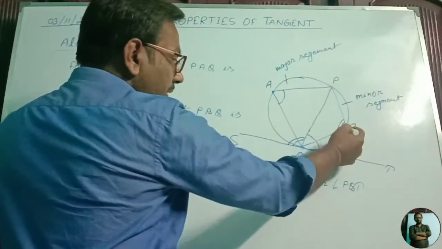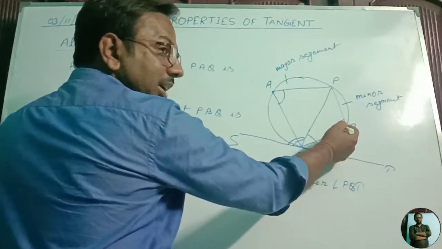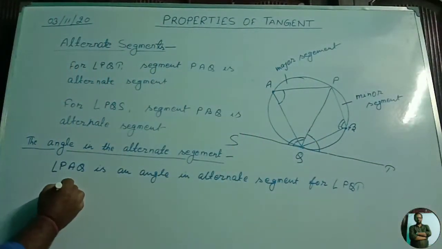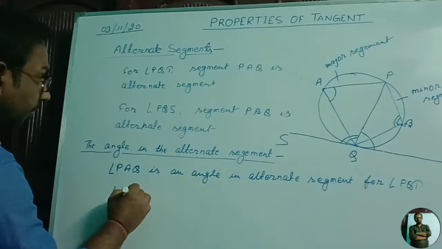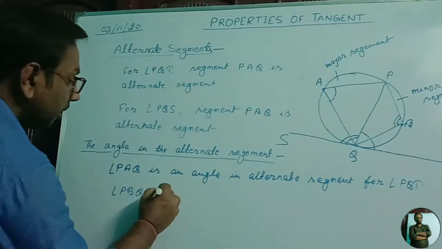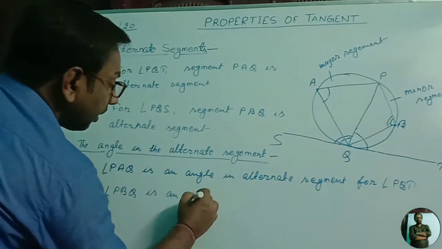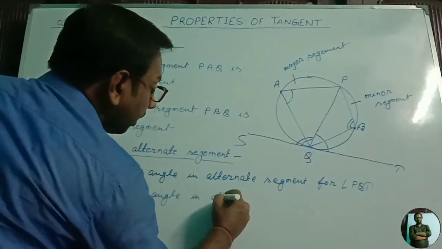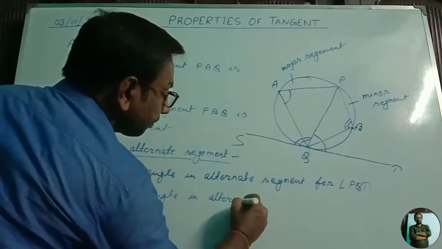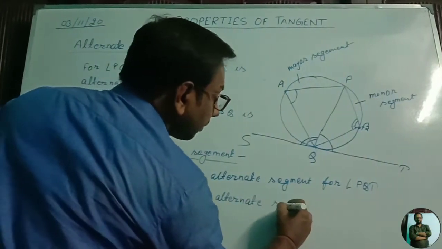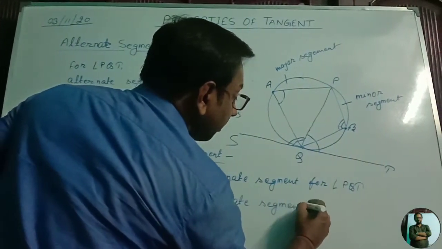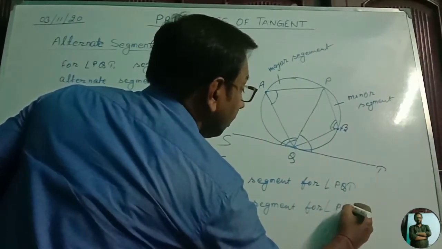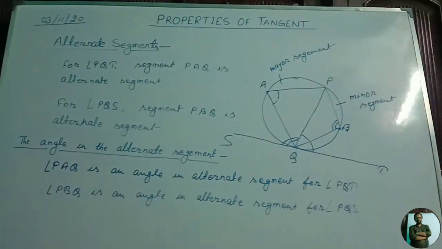So angle PBQ is the angle in alternate segment for the angle PQS, and for that we write here: angle PBQ is an angle in alternate segment for angle PQS.